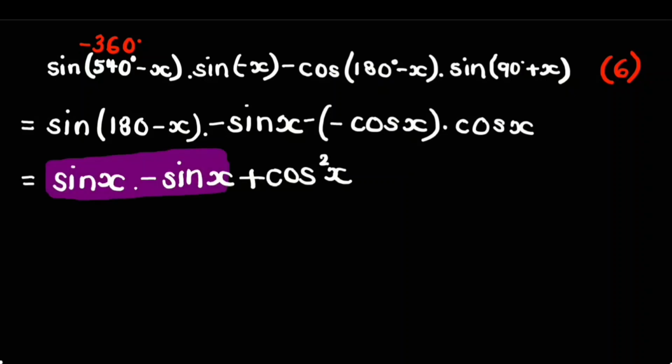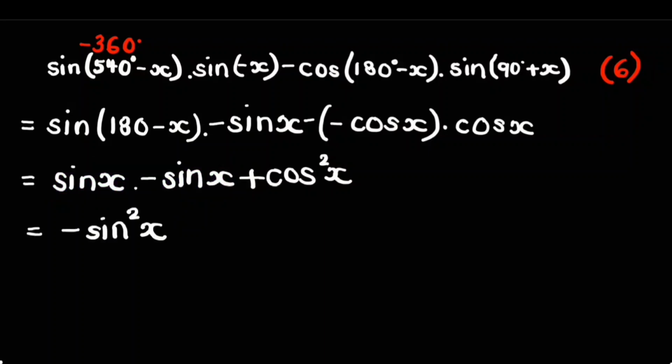Now focusing on the first term here, we have sine x times negative sine x. That can multiply to give us negative sine squared x. And we have the plus cos squared x next to that. So by now, this should look familiar to you.